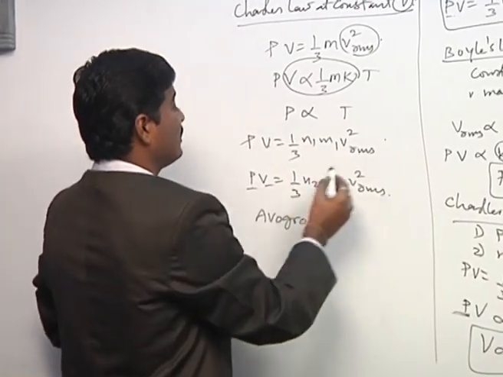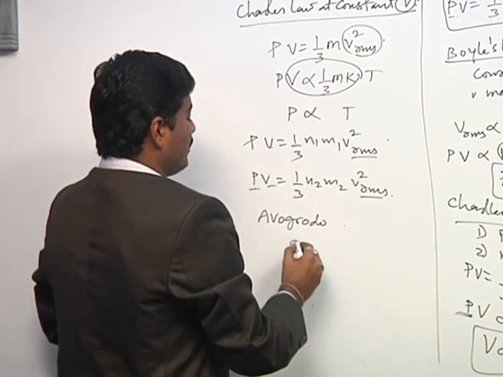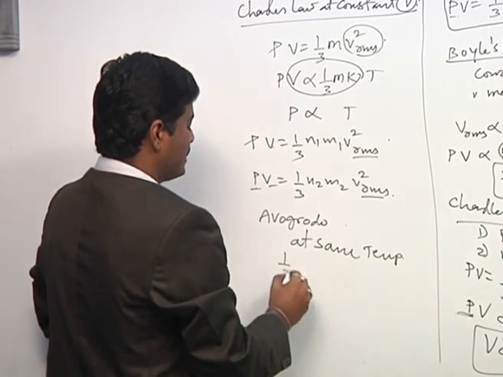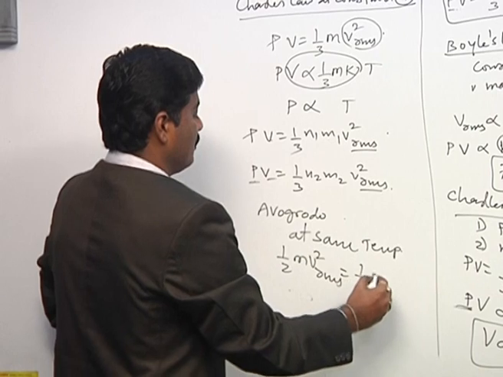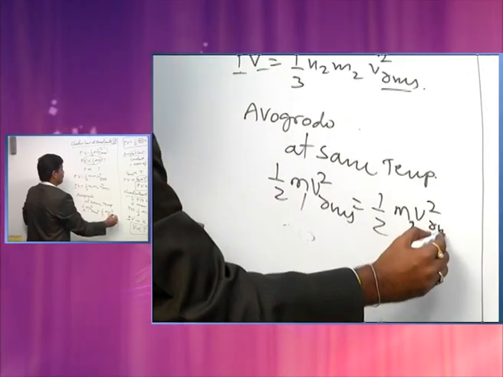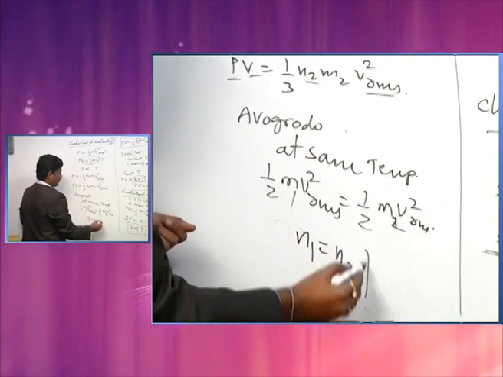So PV are the same, even the same temperature, V square RMS the same. We can write that at the same temperature, they maintain the same thermal equilibrium. So from the equality of the m1 and m2 terms with V square RMS, we can write that both will have the same number of molecules.